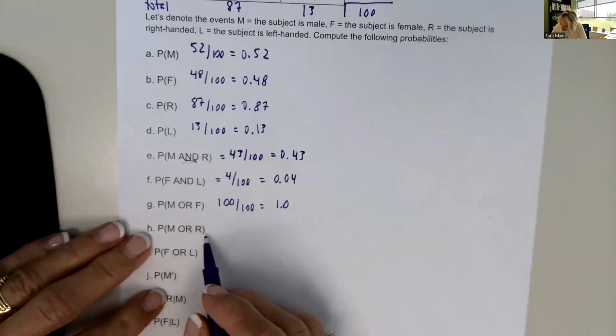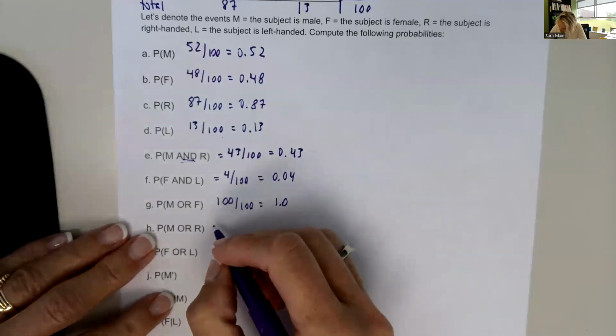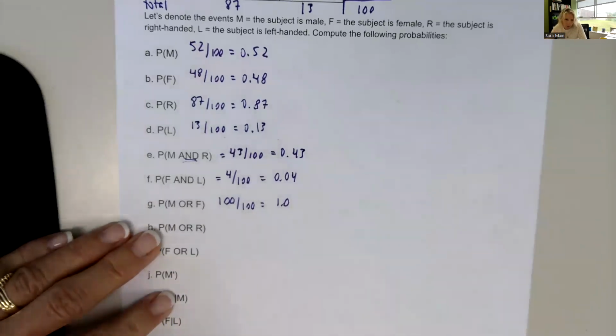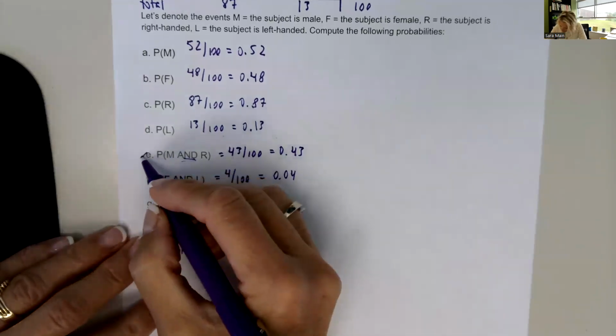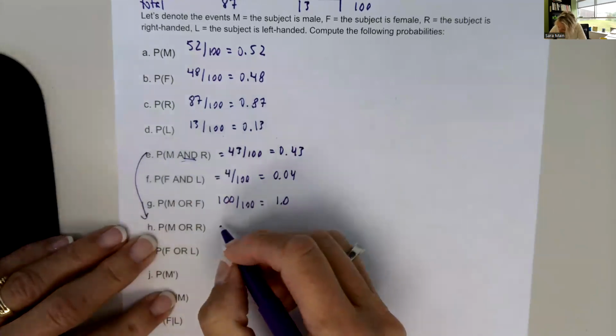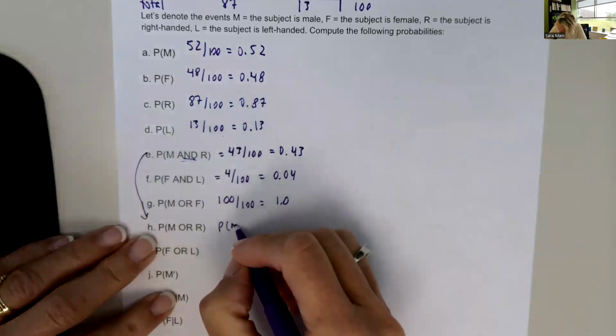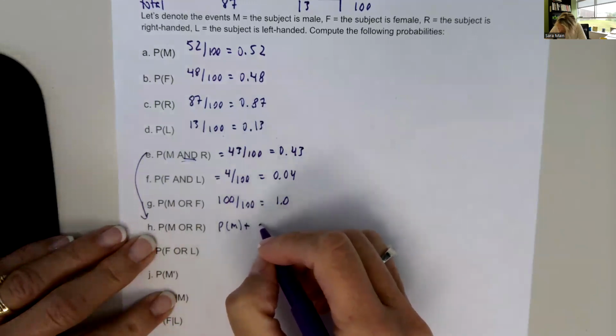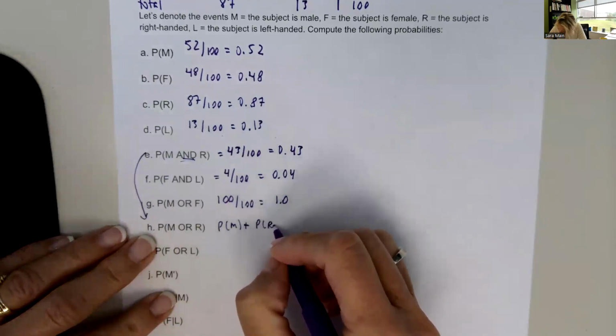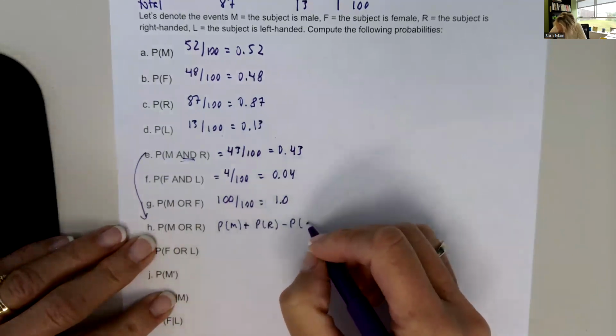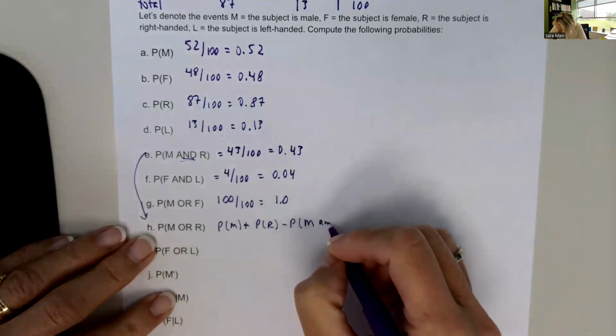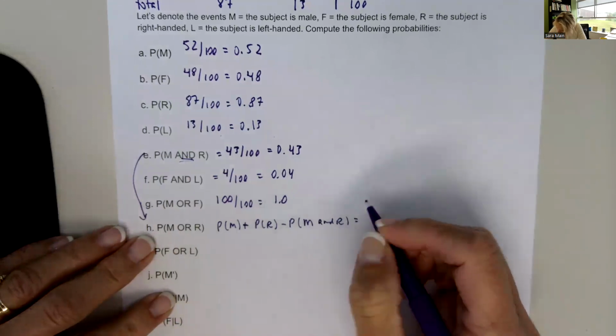Probability of being male or right-handed. Because there's overlap, male and right-handed, we have to use our addition rule. So probability of being male plus the probability of being right-handed, subtracting male and right-handed.